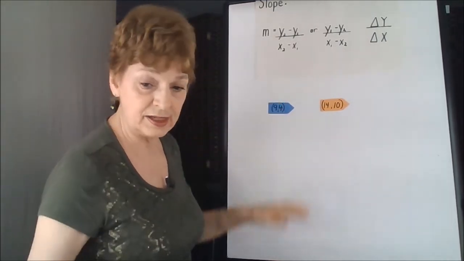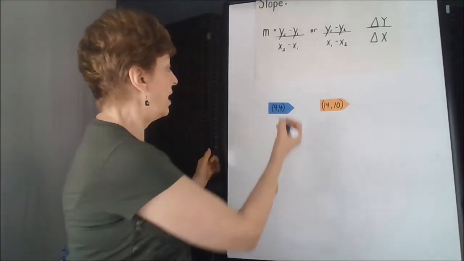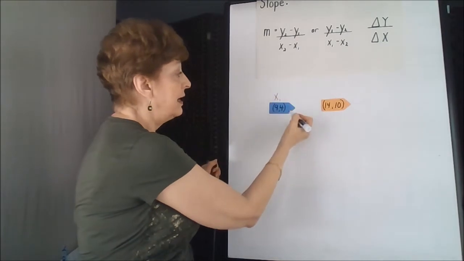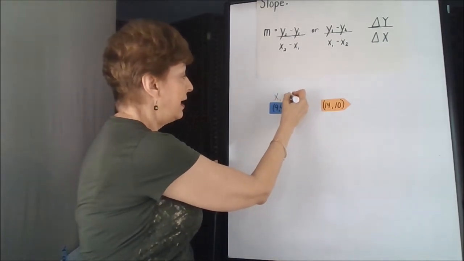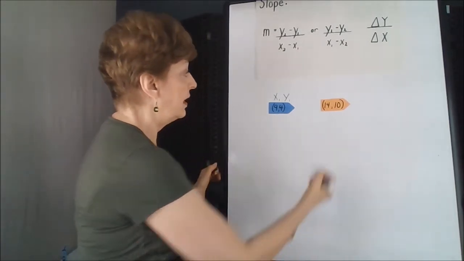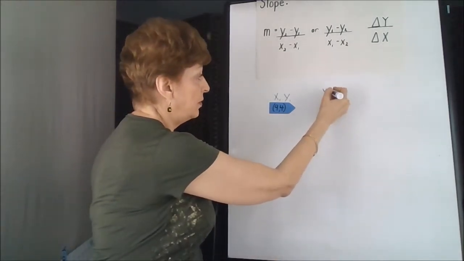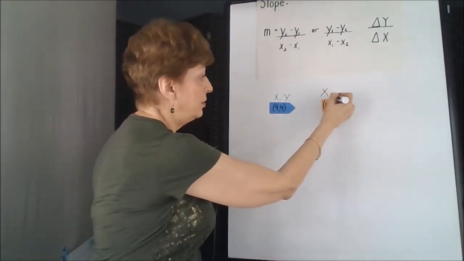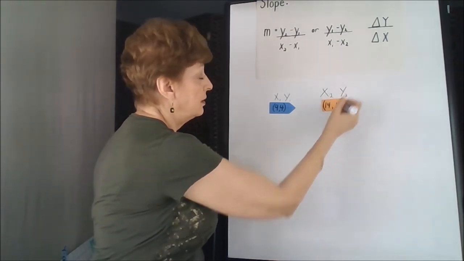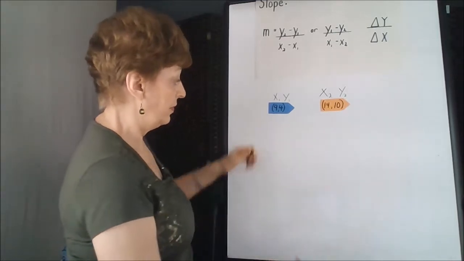So in this case, we're going to use our 9 as the x1, and the y1 in that ordered pair will be 4. In this one, we're going to make this x2 and the other one y2. So that's our ordered pair.